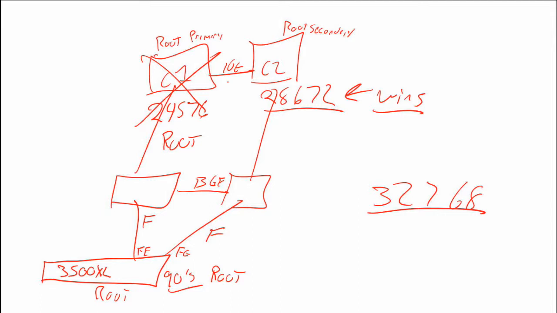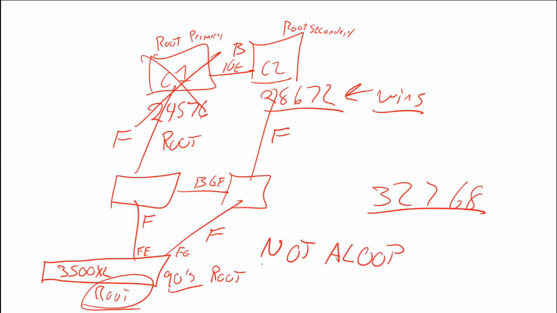That could be 10 gig, but if this is the root, that 10 gig path is going to be blocked. That's going to be blocked, and these are going to forward. So if there's ever traffic going from core 1 to core 2, it's going to go from that 3500 XL to get there, which is not ideal, but it is also not a loop. So it's suboptimal, but it still works.